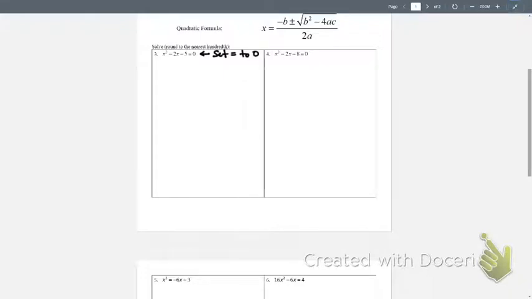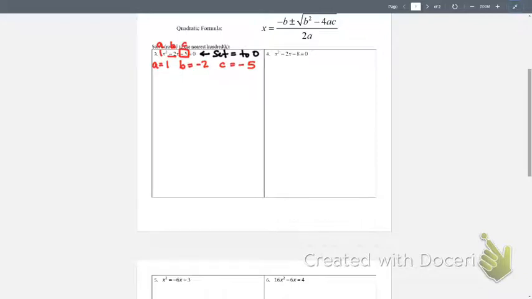After you make sure it's set equal to 0, you're going to find a, which is the number in front of the x squared, b, which is the number in front of the x, including the sign, and c, which is your constant. So it goes A, B, C in alphabetical order, and for the constant you're going to include your sign also.